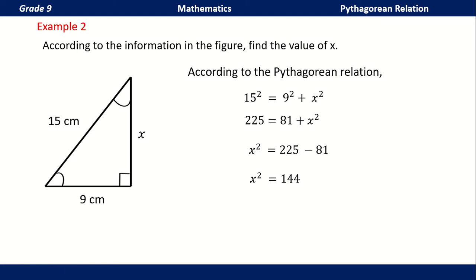It means x squared equals 144. To find the value of x, as previously, you have to find the square root of both sides. So the square root of x squared is x and the square root of 144 is 12. Okay, now you can write your answer. x is equal to 12 centimeters. Wow, it is cool, isn't it?